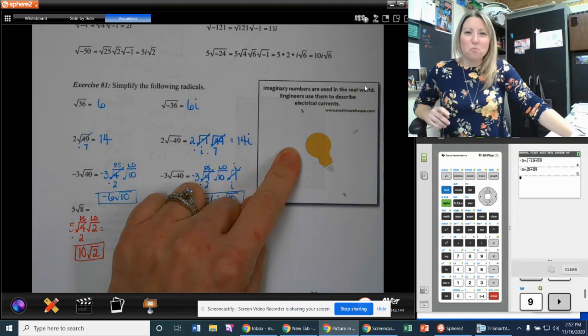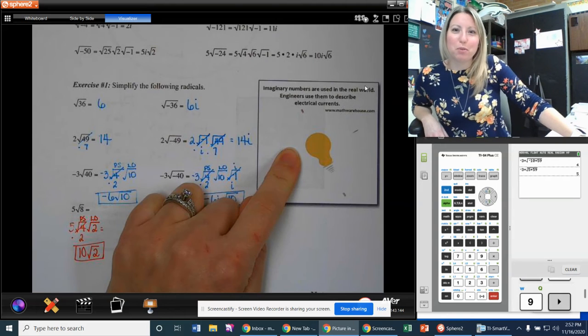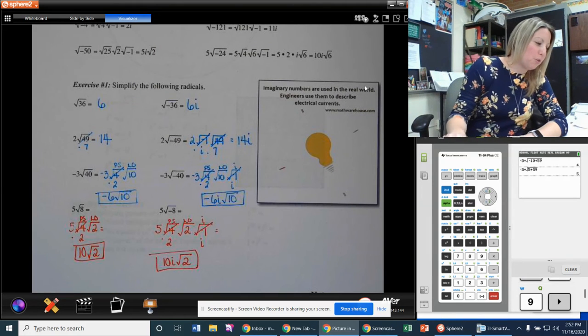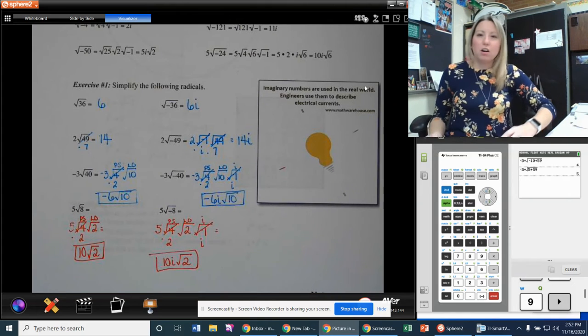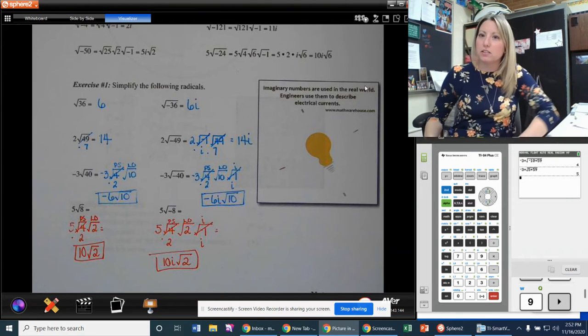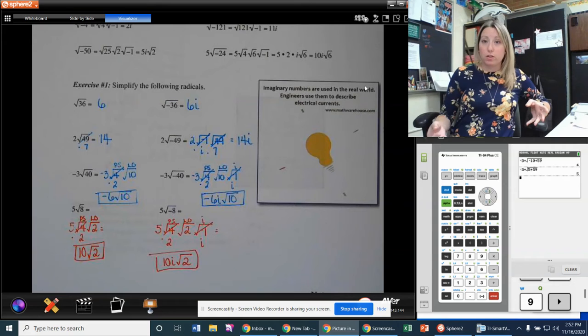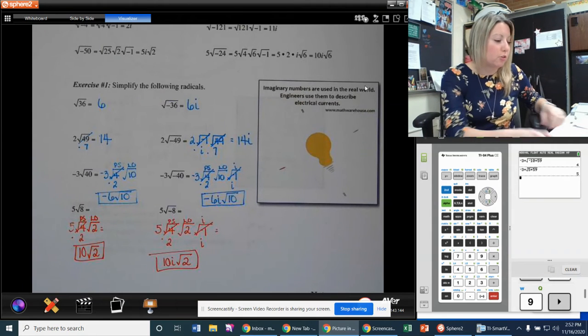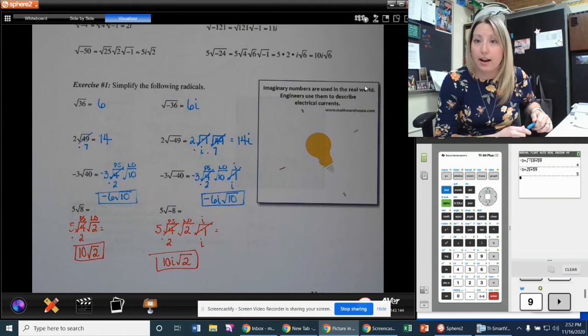And why do we use imaginary numbers, right? Hopefully you saw that as we were going through, but imaginary numbers are used for electrical currents. So if and when you get into physics, you'll be doing electrical current work, and that's when you're going to use a lot of I's.